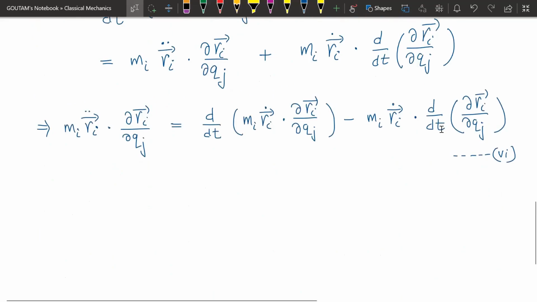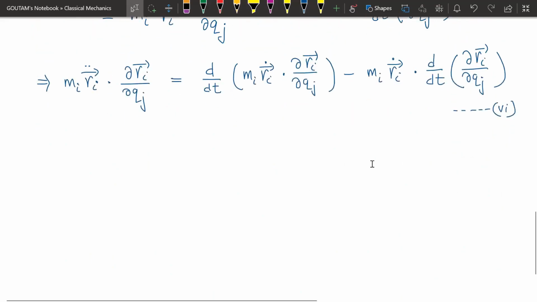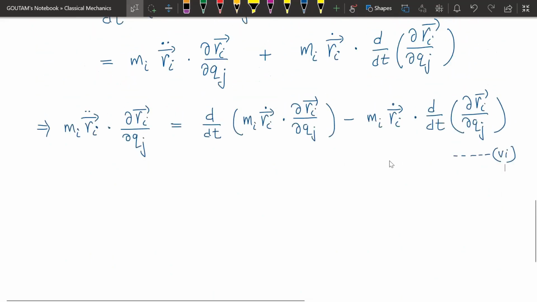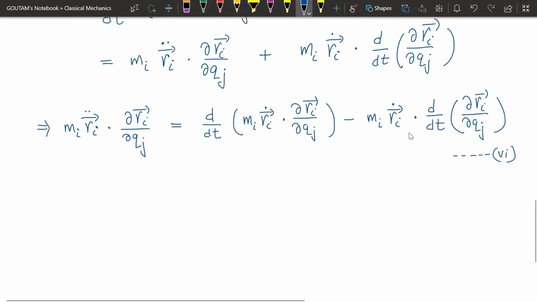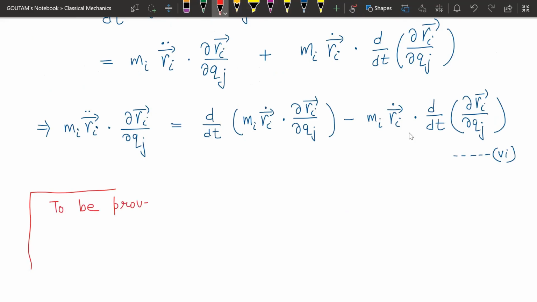So now I will write two equations which will be proven in the next class. For the time being, you have to assume that these are correct. I will write them in the red box, to be proven in the next class.